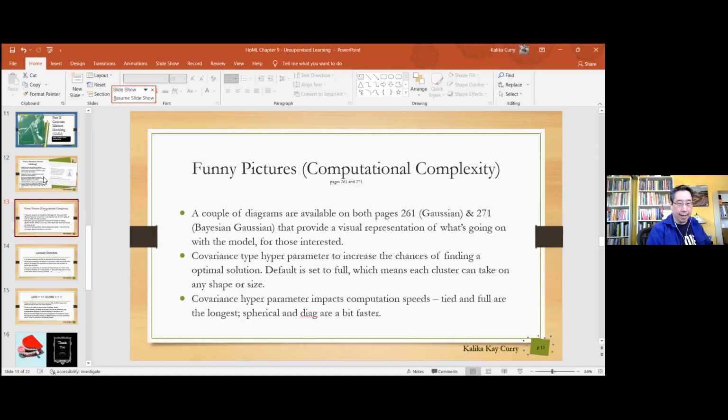If you say diag, that means all of your variables are independent. The way that variable x1 varies is a normal distribution, but completely independent of the way x2 varies, and completely independent of the way x3 varies. So if you think your features are distinct and independent, then you could choose diagonal.